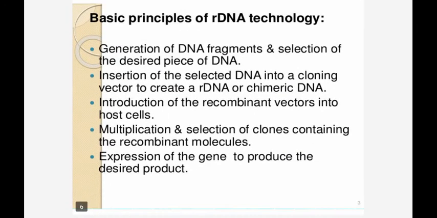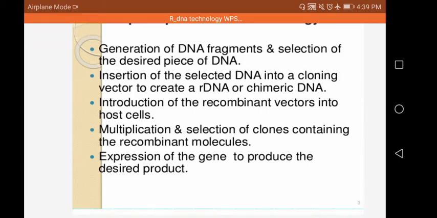Basic principle of rDNA technology. First, generation of DNA fragments and selection of the desired piece of DNA. Okay, then insertion of selected DNA into a cloning vector to create a recombinant DNA, also called chimeric DNA.